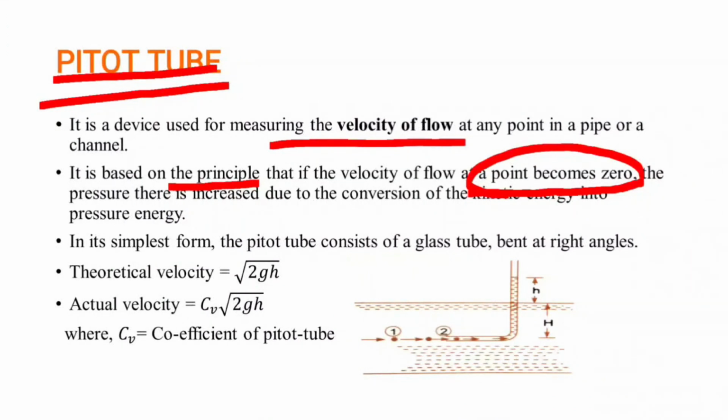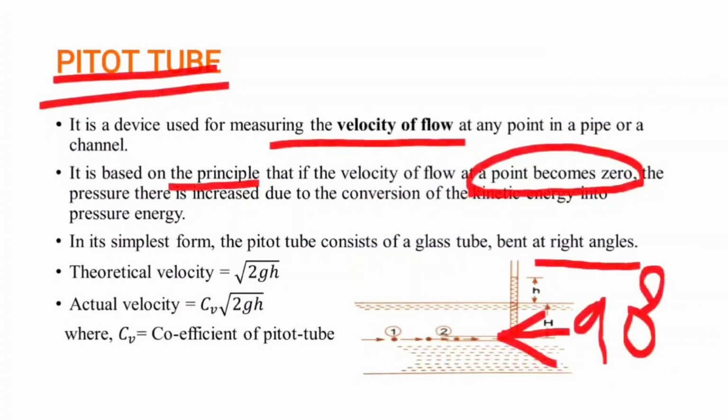This is the principle behind the pitot tube. In its simple form, the pitot tube consists of a glass tube bent at 90 degrees with the horizontal. The theoretical velocity will be root 2gh.